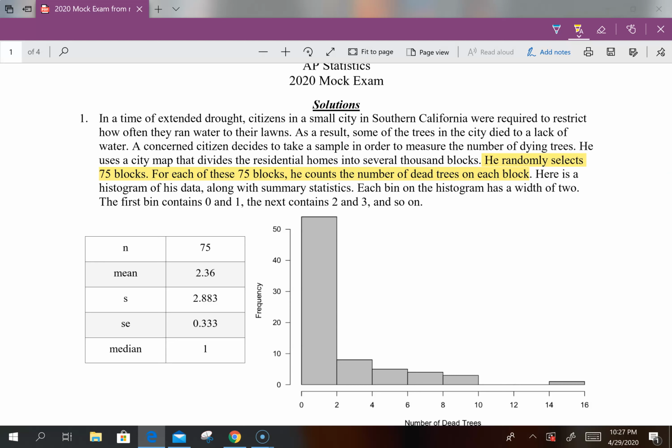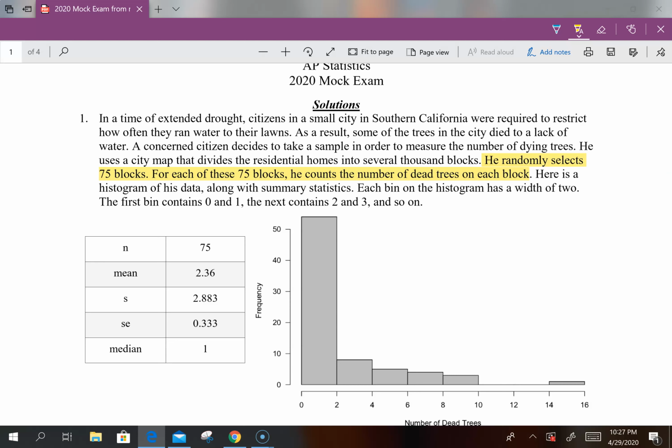And on those 75, he surveyed all the dead trees. If he wanted to do stratified random sampling, he could have taken those blocks and subdivided them by socioeconomic status, by soil type, all the different kinds of things like that, and then picked from each one of those, then that would be stratified random sampling.